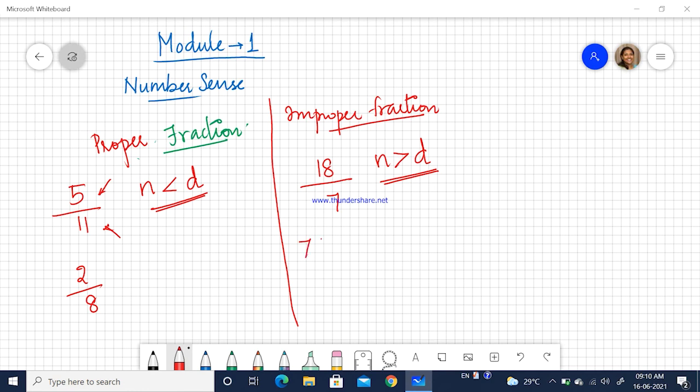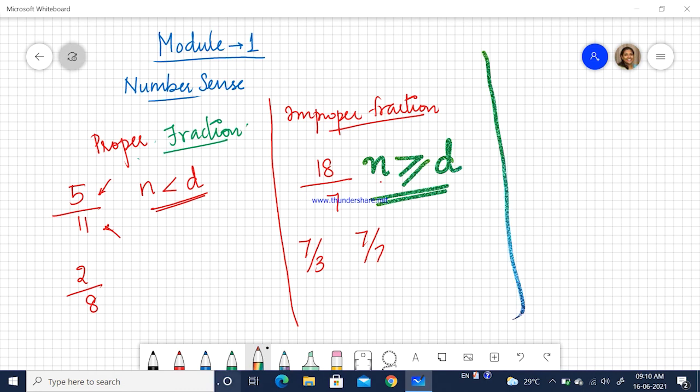For example, 7 by 3 or 7 by 7. So we can say a fraction is improper when the numerator is greater than or equal to the denominator.